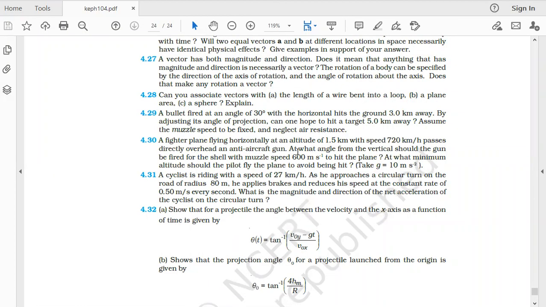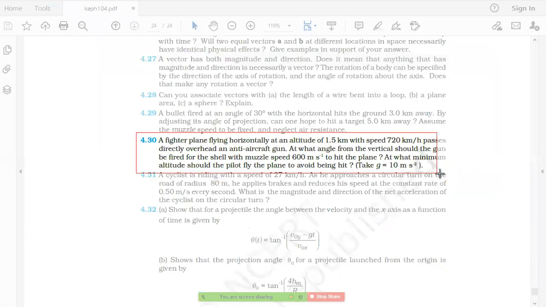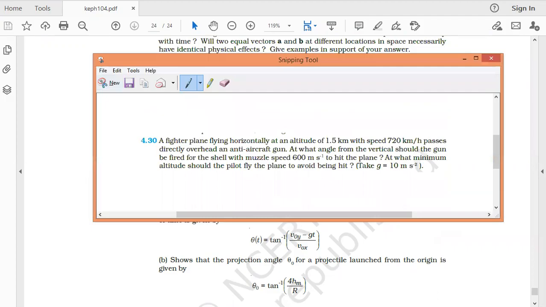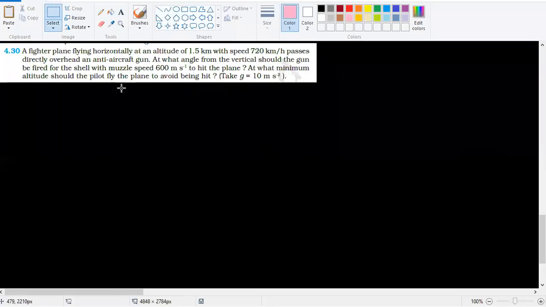Fighter plane, I think this is also a very interesting question. Let's try that. A fighter plane flying horizontally at an altitude of 1.5 kilometer with speed 720 kilometer per hour passes directly overhead an anti-aircraft gun.